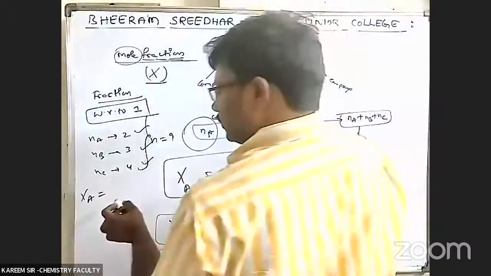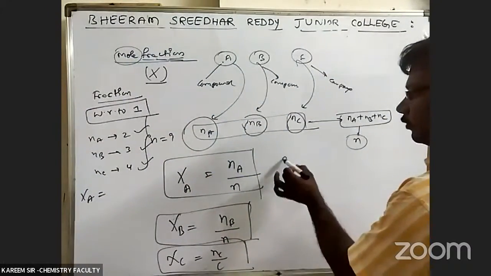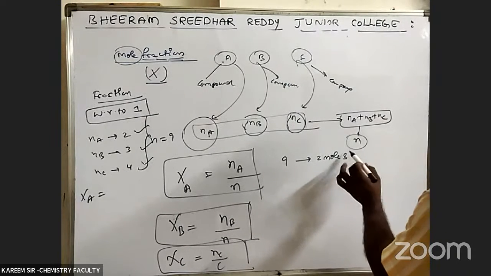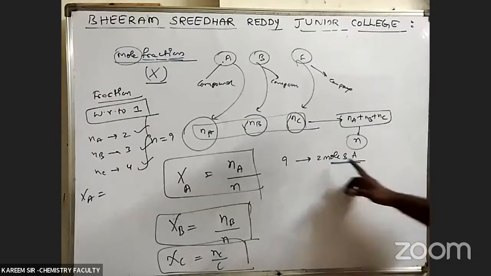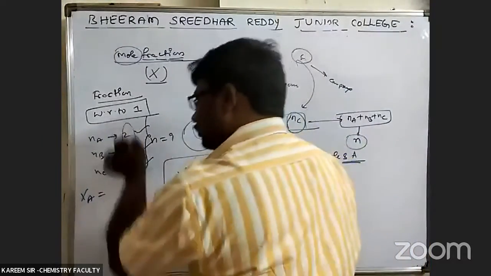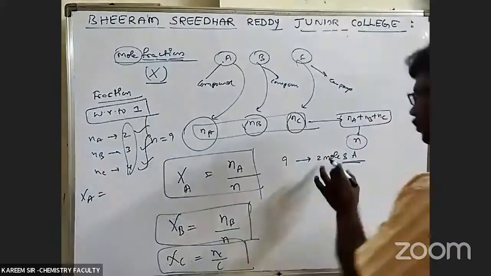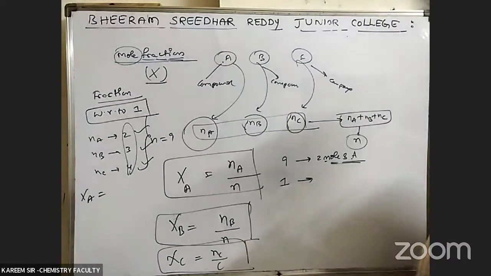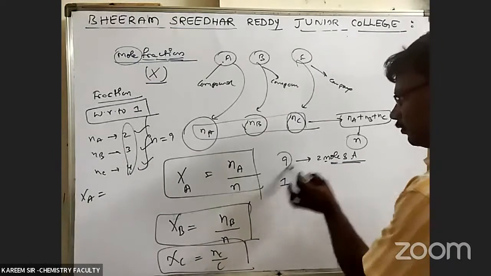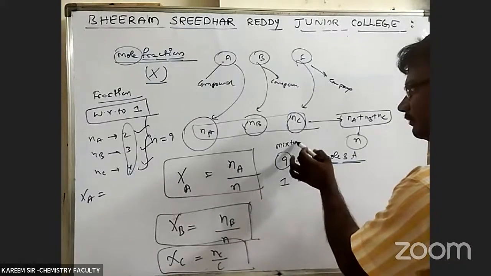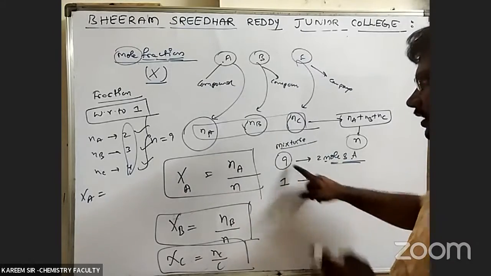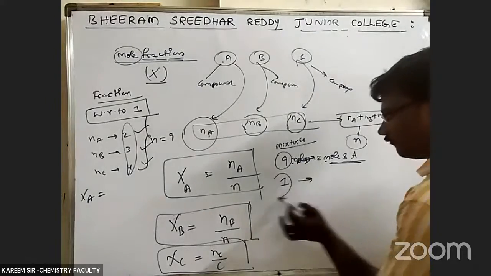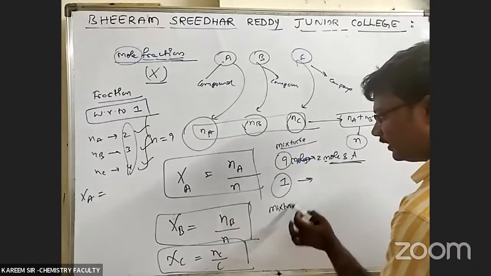Nine moles of mixture contain 2 moles of A. Remember: total 9 moles, of which 2 moles is A. So 9 moles of mixture contain 2 moles A. Then 1 mole of mixture contains how many moles of A?